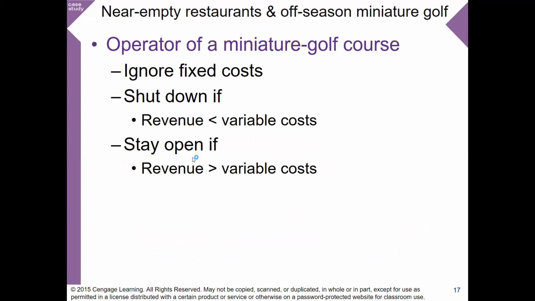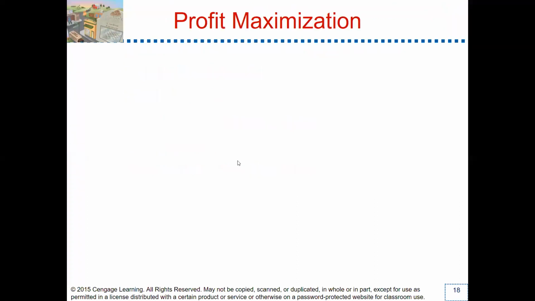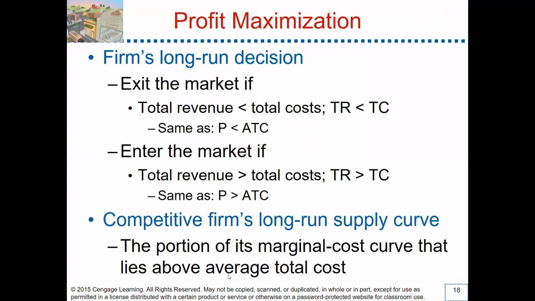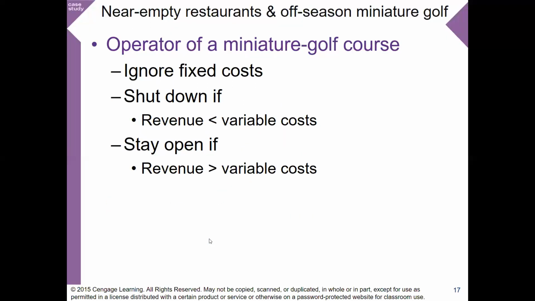Okay, this is the same condition. Shut down if the revenue is lower than variable cost. Stay open if the revenue is greater than the variable cost. So this was up to the short run. We know that in the short run, the total revenue should be greater than the variable cost, or P should be greater than the average variable cost. Let me just type it for you to remember.